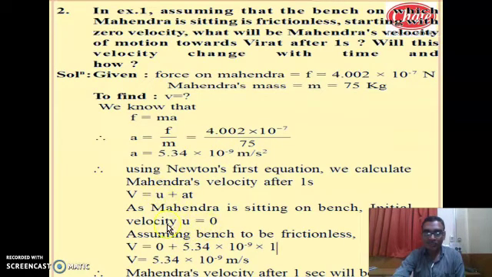So substituting U equal to 0, acceleration 5.34 into 10 raised to minus 9, and time 1 second, we get the velocity of Mahendra after 1 second, that is 5.34 into 10 raised to minus 9 meter per second.